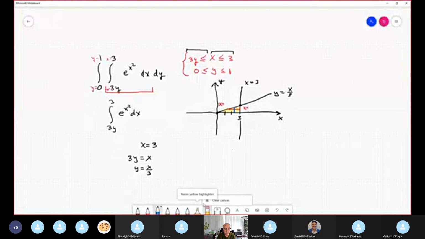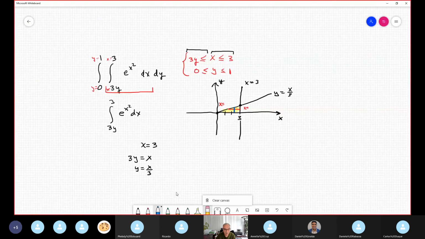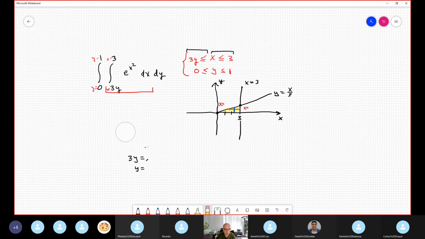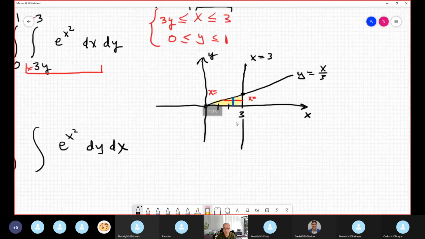Okay, let me erase everything here. This is wrong. No good. Okay, now I set up the double integral. The integrand stays the same. No problem. I change the order. So when I change the order, I go from 0, the y here, y is 0, to the y here.